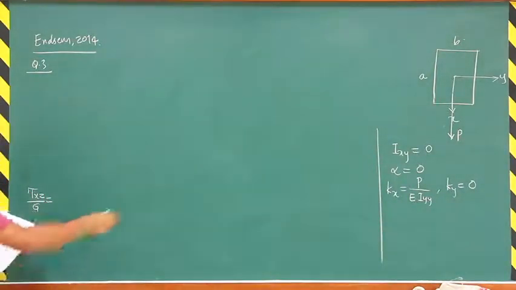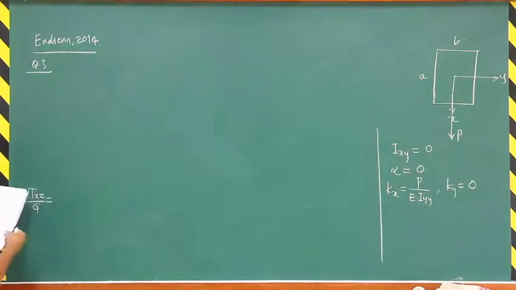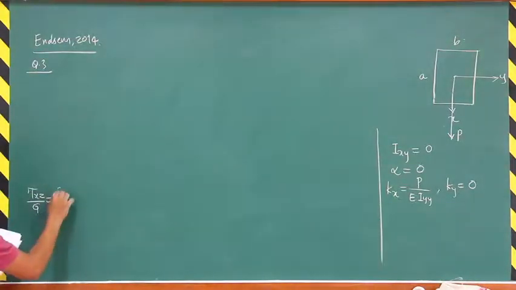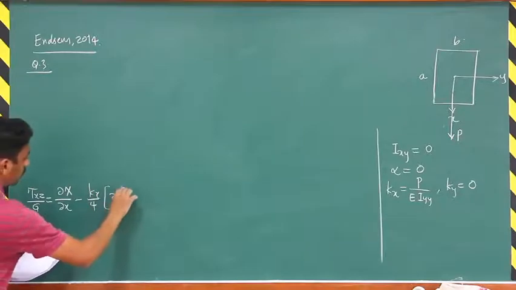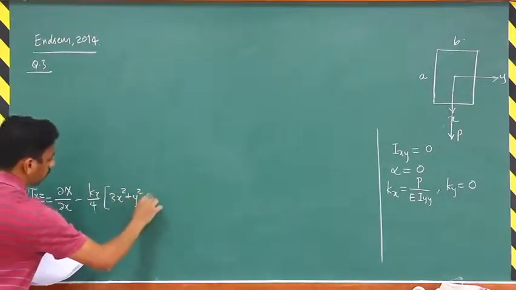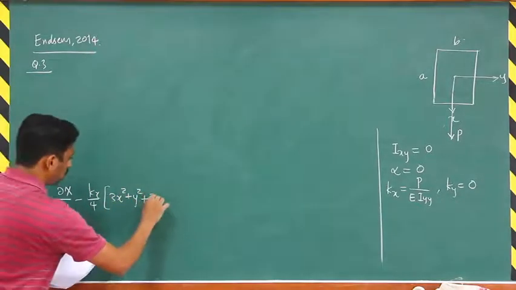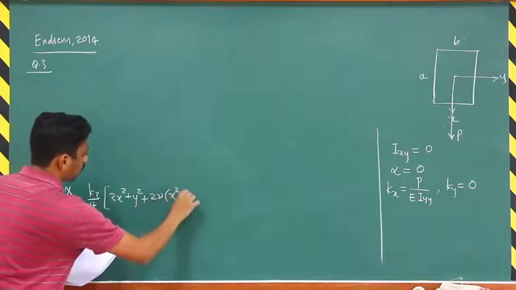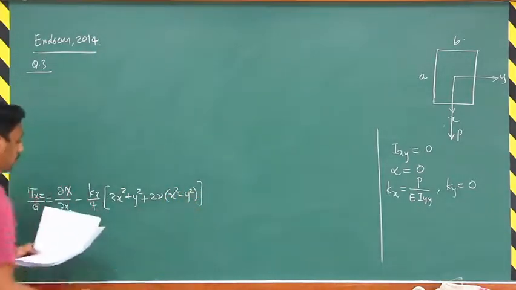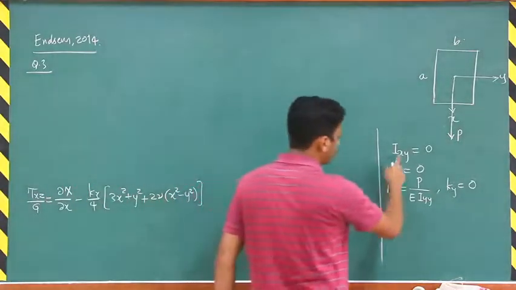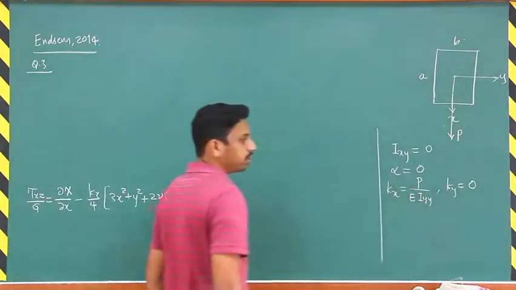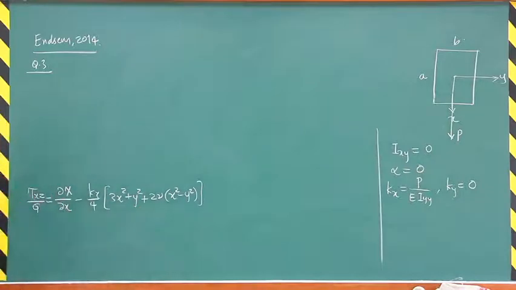So let's write, so alpha being 0, this is simplified to del chi over del x minus kx upon 4 times (3x square plus y square plus 2 nu x square minus y square). And now we have to make use of alpha equal to 0 and ky equal to 0 to find the simplified version of this stress field.